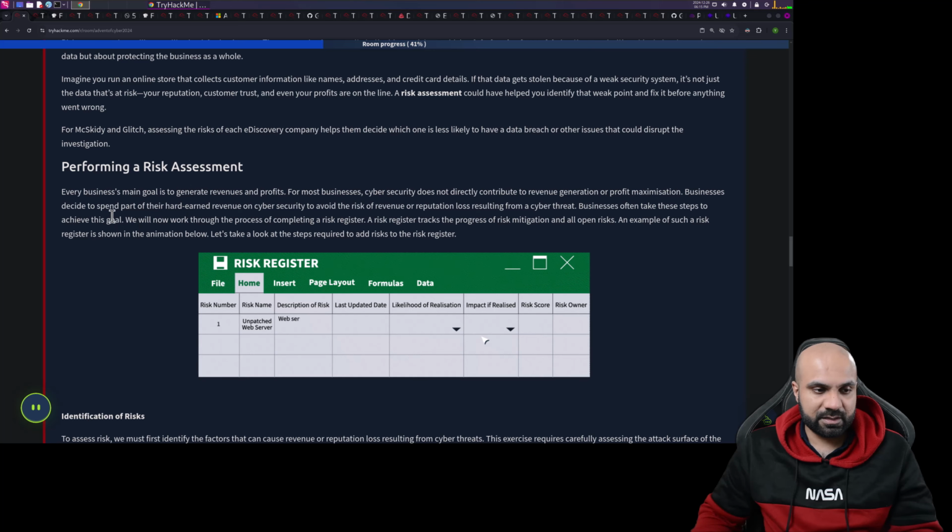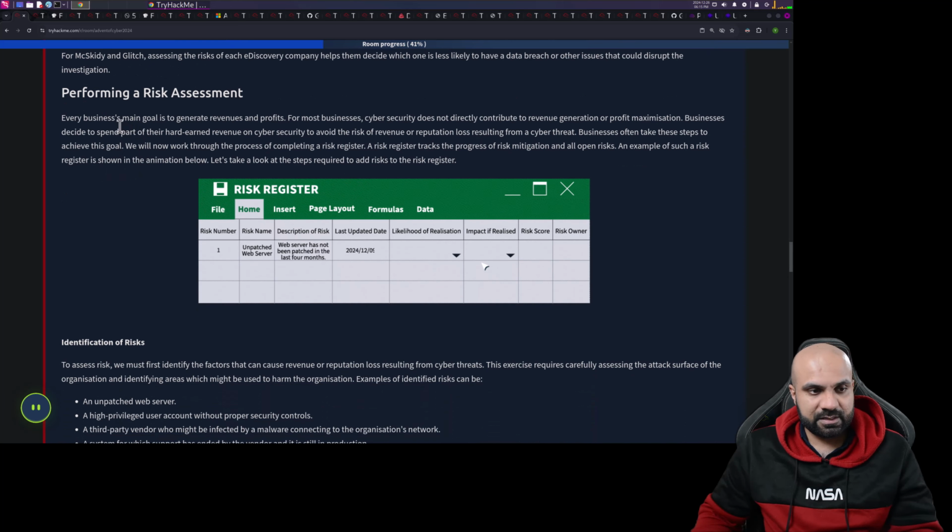Okay, performing a risk assessment. Every business's main goal is to generate revenues and profits. For most businesses, cybersecurity does not directly contribute to revenue generation. That is very true. Or profit maximization. Yeah. So if you adhere to cybersecurity policies, that means you need to have some kind of department and they need to have some kind of tools in order to implement the policies, and all of this requires a financial commitment.